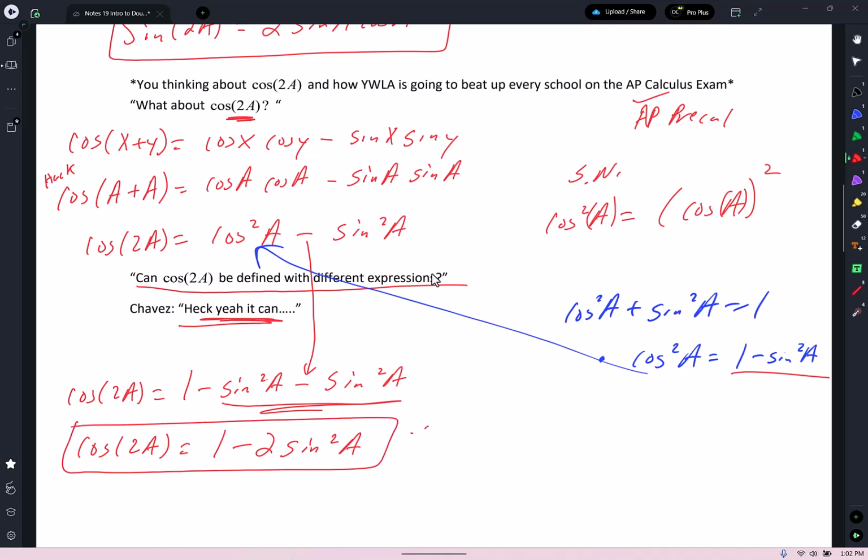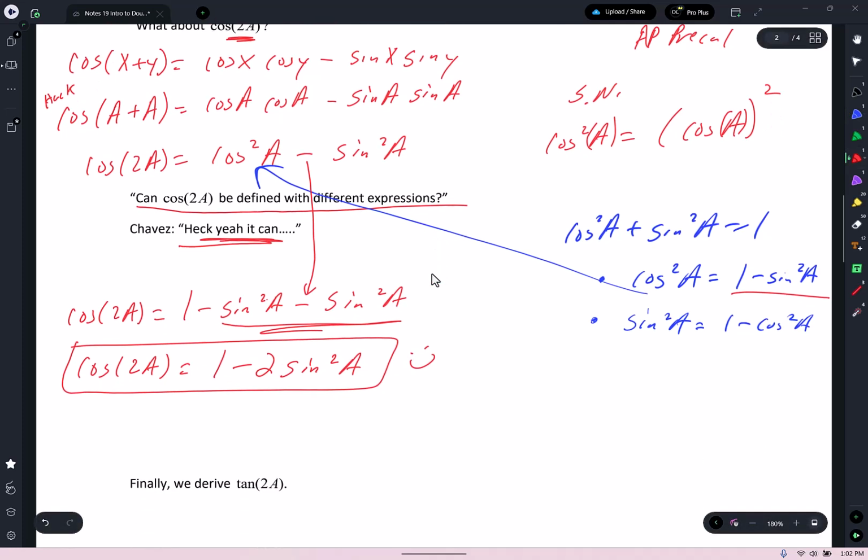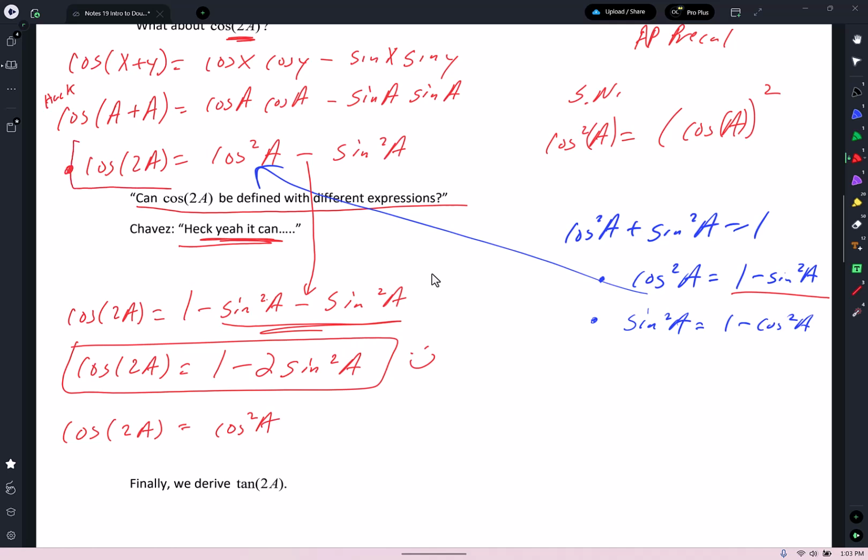So is that the only one? No, this one has several. You could also have moved the cosine squared to the other side. So bullet, I can say sine squared a equals 1 minus cosine squared a. Now I can start from scratch. I'm going to write cosine 2a, keep the cosine squared a, minus parenthesis, and replace the sine squared a with 1 minus cosine squared a.